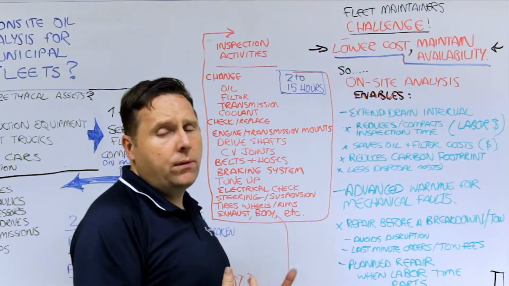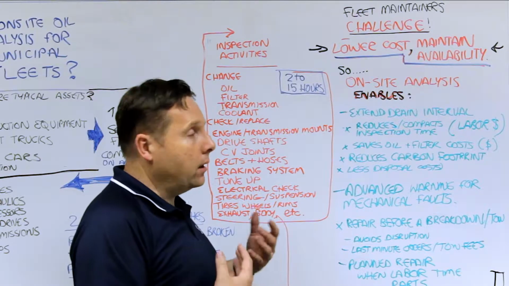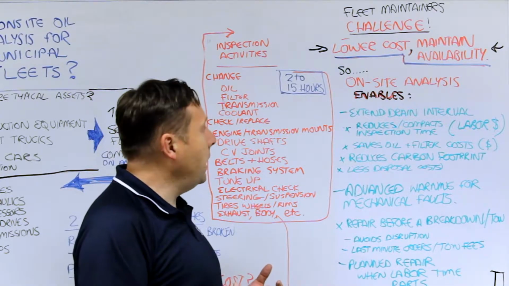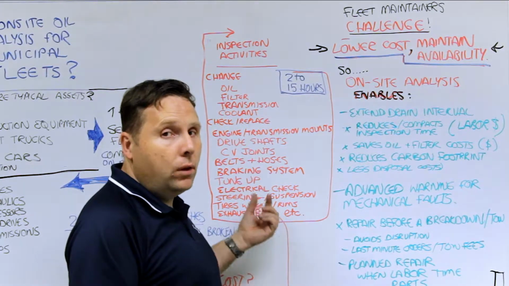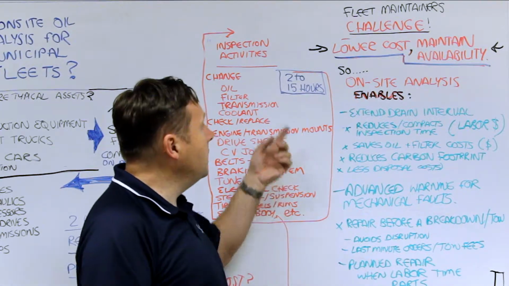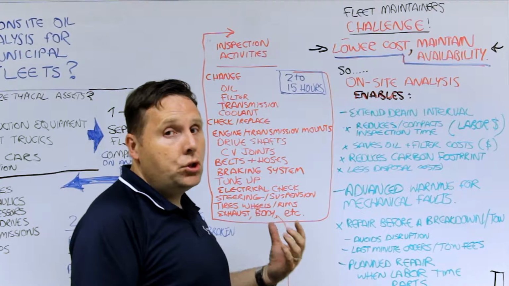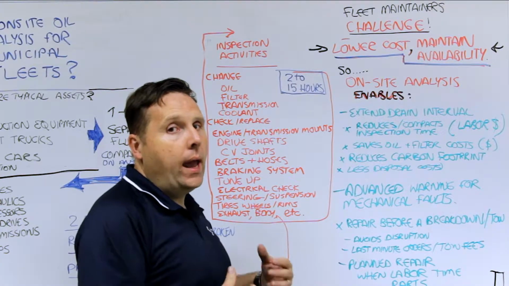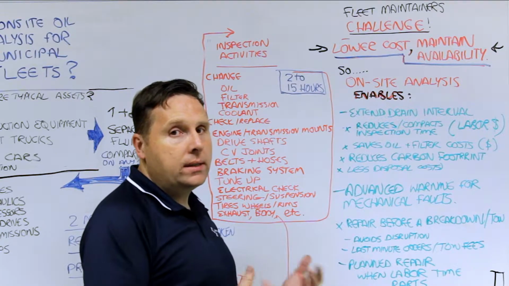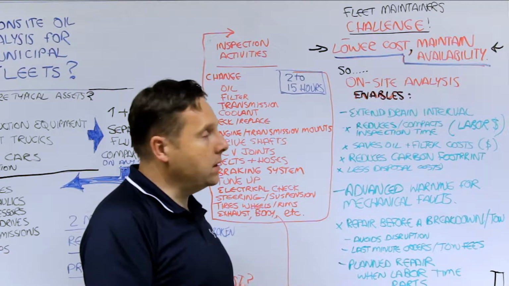There's a variety of different tasks that are required that are continually being demanded. These times, not to mention the cost of the fluids replacement or the parts replacement, can be anywhere from 2 to 15 hours of a trained mechanic's time, not to mention the time that the vehicle is out of service while it's going through that process.